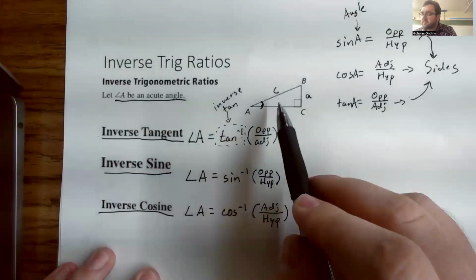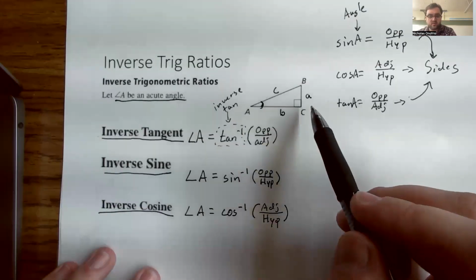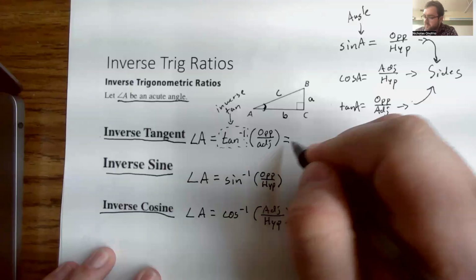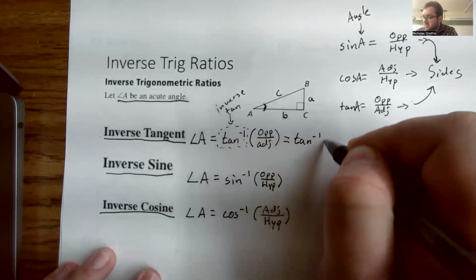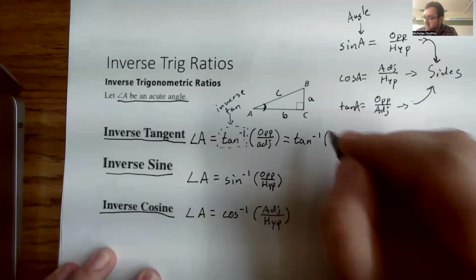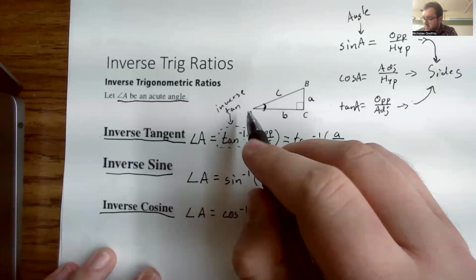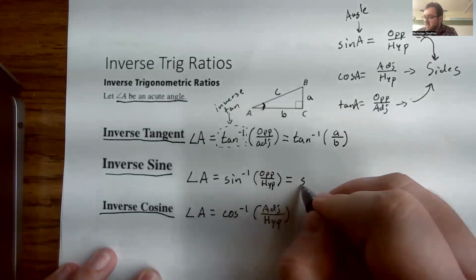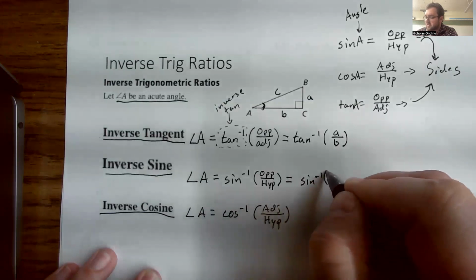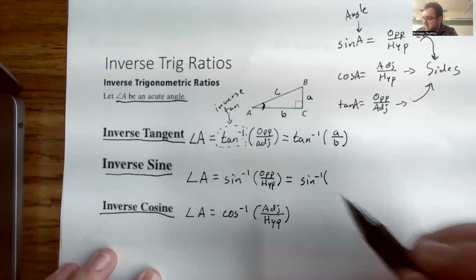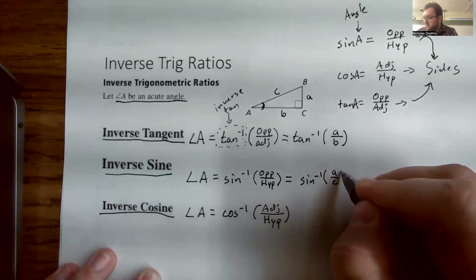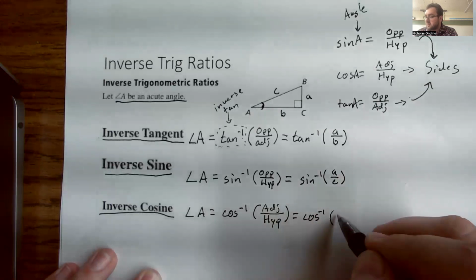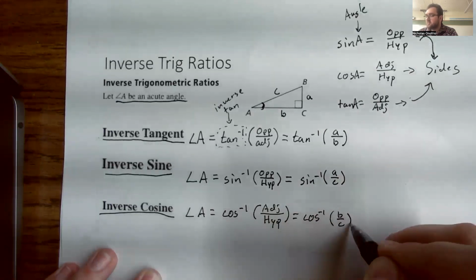Notice that we could plug in our letters for opposite and adjacent. For inverse tangent, the opposite side of angle A is little a over adjacent side b. For inverse sine, our formula could look like sine to the -1 of a over c. And inverse cosine would be the inverse cos of b over c.